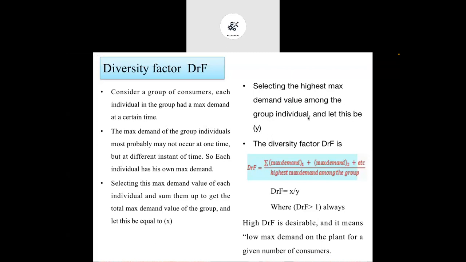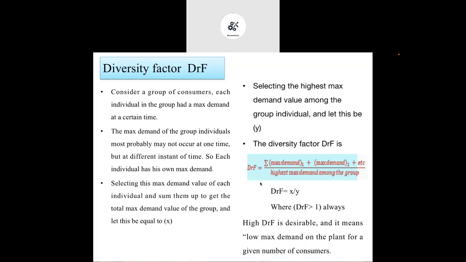That will be your numerator, which we consider as x. Then select the highest maximum demand value among these group individuals, the customers. Taking the maximum demand value from that group, that is y. So the ratio of x upon y is your diversity factor.